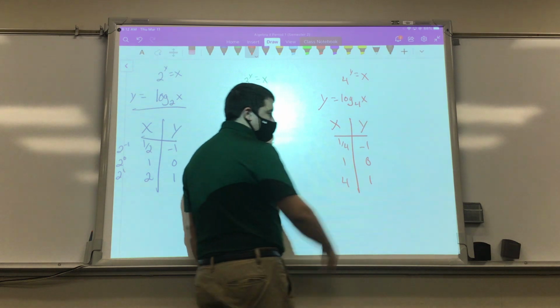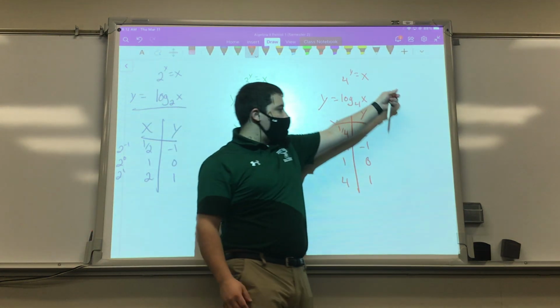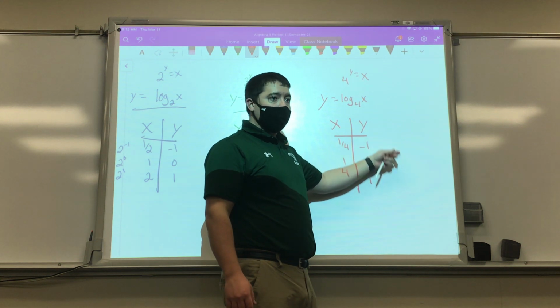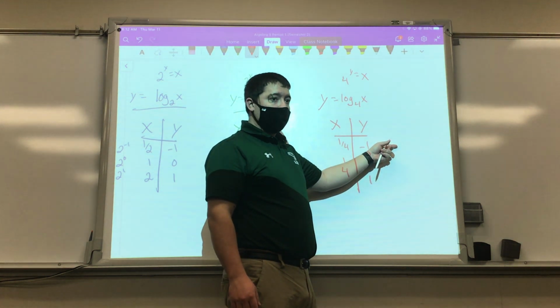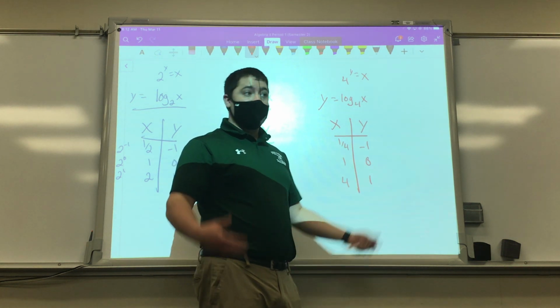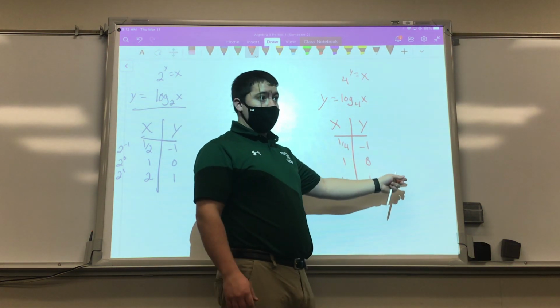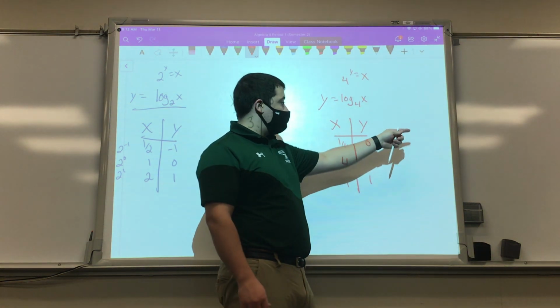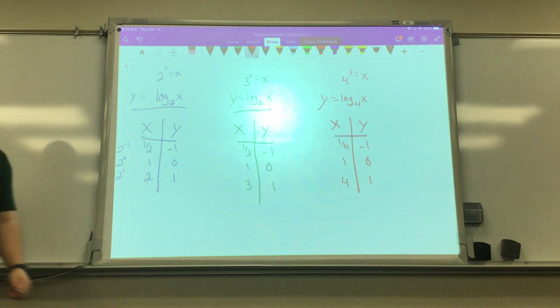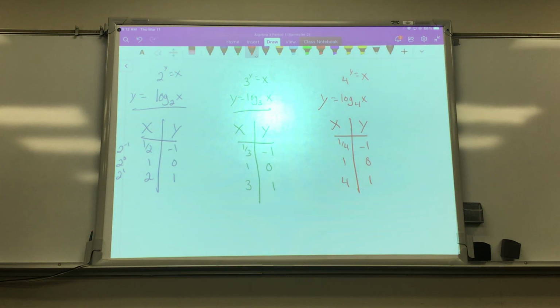And 4 to the first is just going to be itself. So if I did log base 5, what would be the x values going down that column? 1/5, 1, 5. Log base 6: 1/6, 1, 6. Log base 7: 1/7, 1, 7. And then from there, at the beginning, just figure out your h, k value and go off of that point, correct? You guys see the pattern with the table?